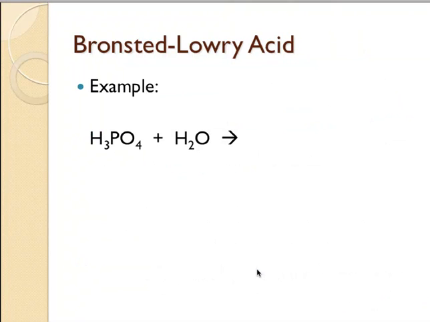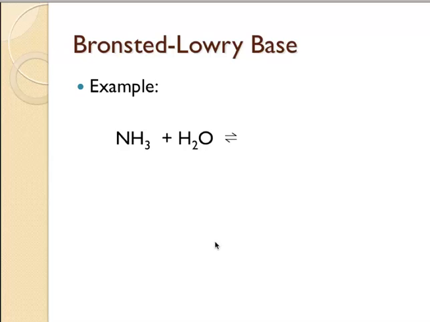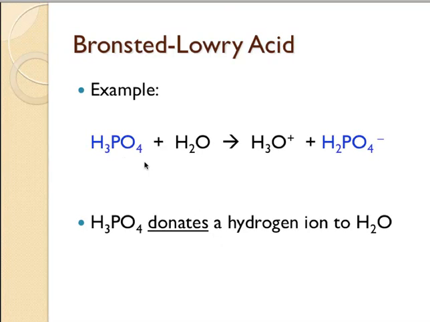For example, I have phosphoric acid, H3PO4, and water. If I look at this example, this is giving one hydrogen to that water molecule. That water molecule becomes H3O+, and this phosphoric acid loses one proton to become H2PO4-.